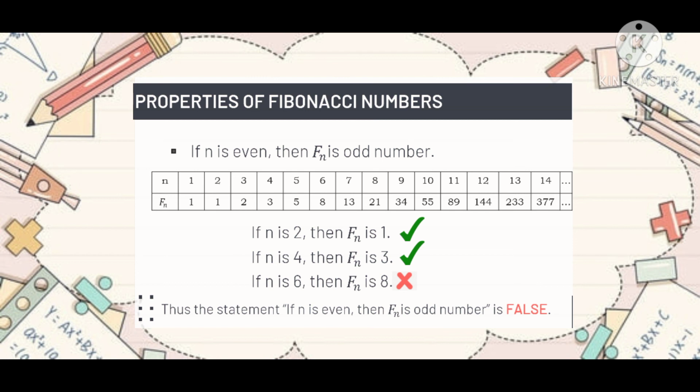If n is 4, then f sub n is 3, which is correct ulit because 1 and 3 is odd number. But, if n is 6, then f sub n is 8, which is wrong because 8, we all know that 8 is even number. Therefore, the statement if n is even, then f sub n is odd number is false.